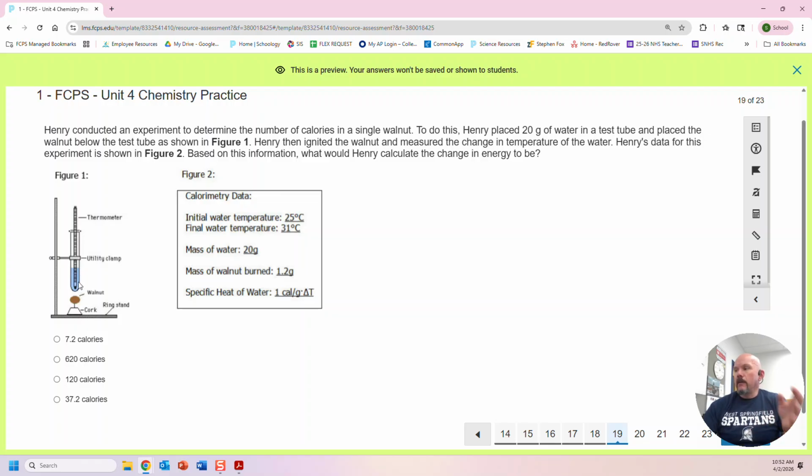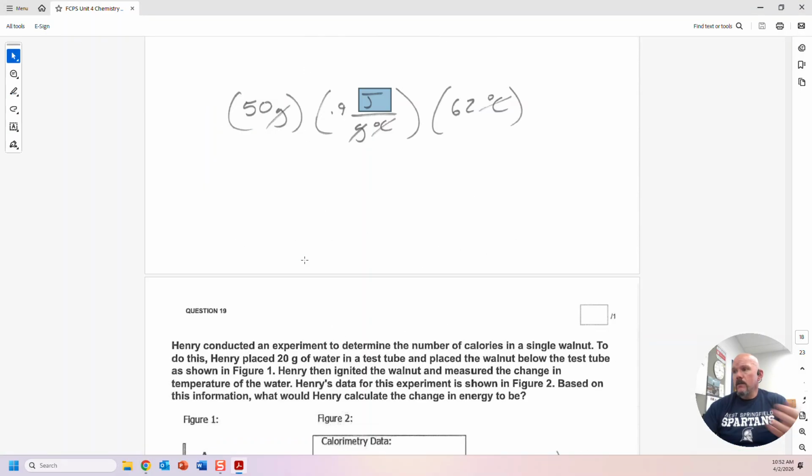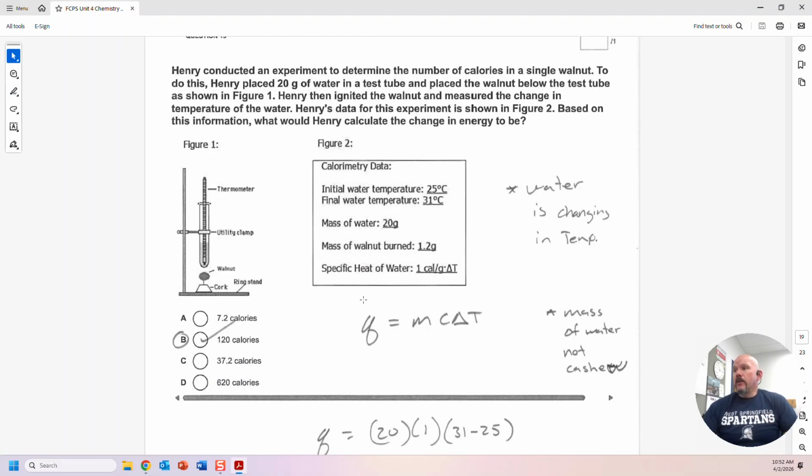And based on what we know about water, how much energy was produced by the burning of our 1.2 gram sample of the walnut? So here we got to do Q equals mcΔT, but because we're using the temperature change of the water, we got to use the mass of the water, right?